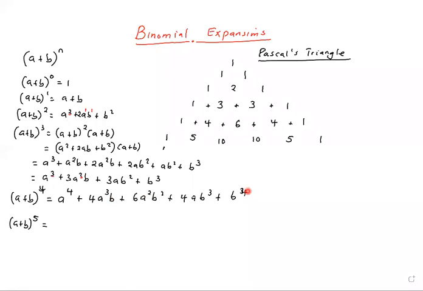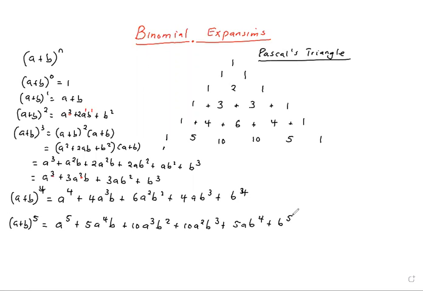So that if we go to power 5, we'll have A 5 plus 5 A 4, B will appear now, plus 10 A 3 B 2, plus 10 A 2 B 3, plus 5 A B 4, plus B 5.